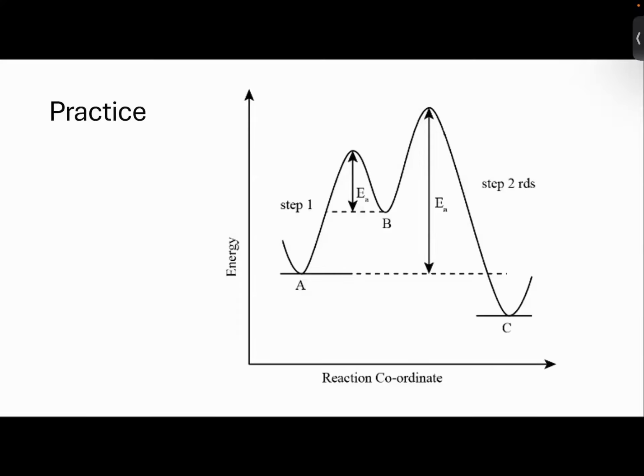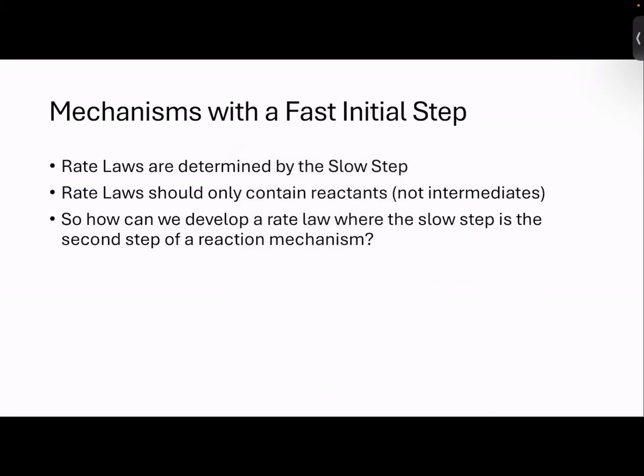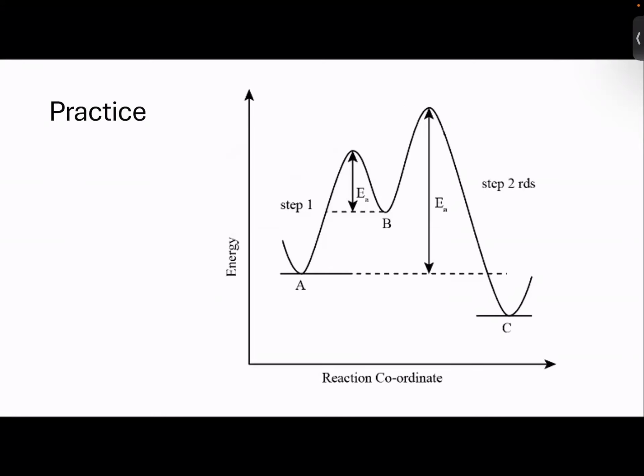Step 1. You compare those E sub A's. The slow step did not occur in step 1. That is terrible. It's not even a valid energy of activation diagram. Why?